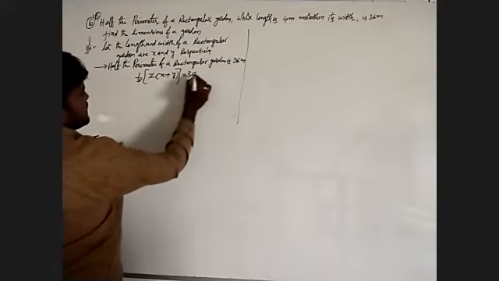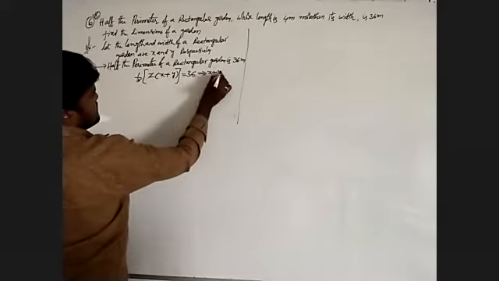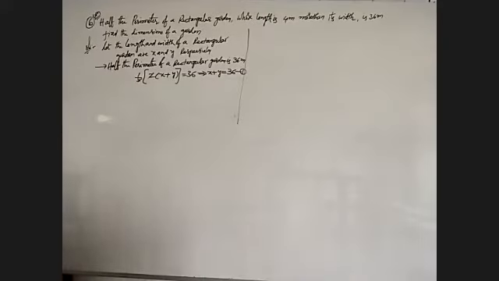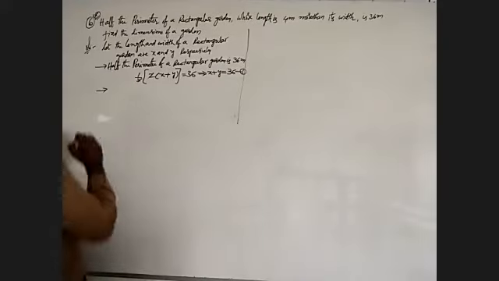The 2 and 2 cancel, then x plus y equals 36. This is my equation number 1. What is the second condition given?